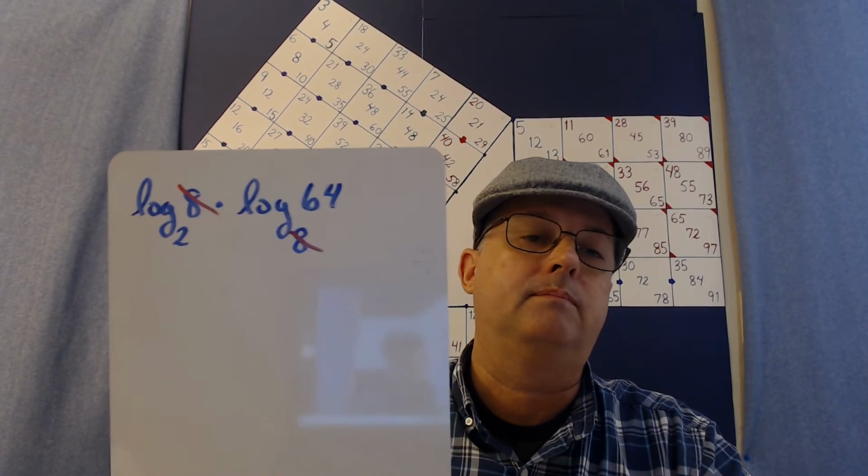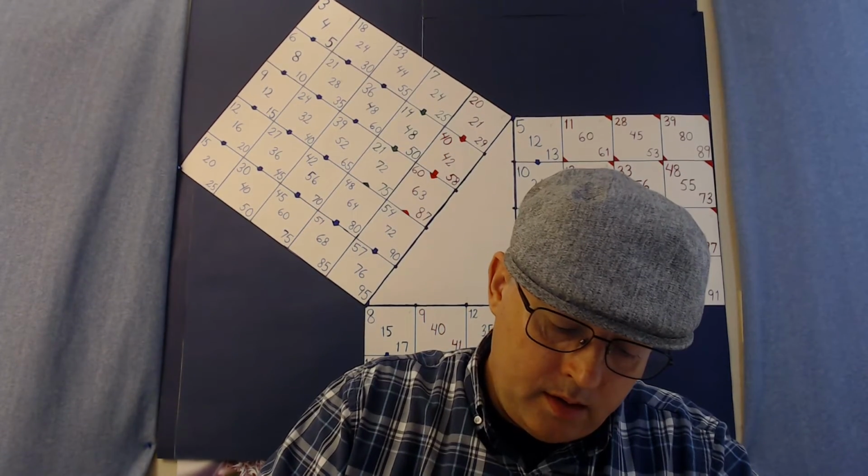We're going to imagine that we can, so to speak, cancel these out like this, and then we have log base 2 of 64.